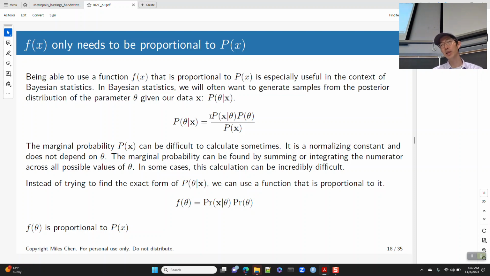The target probability is gonna be proportional to our numerator, and so we'll just use the numerator and say that is the function that we're gonna use there, okay? So instead of trying to find that, we'll just use f of theta equal to the numerator. And we know f of theta is proportional to the target distribution. I guess this should be P of theta, and that's what we'll do.